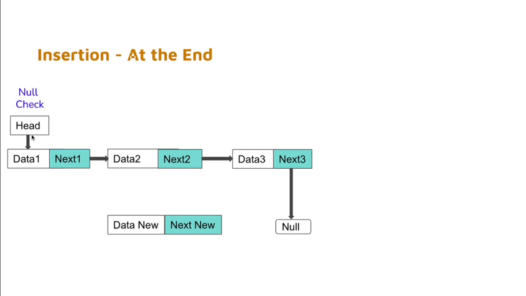In the current case, head is not null because we have three elements, and head is pointing to the first node. We perform this null check just to check whether there are any current nodes in the linked list. Once we check that, and we know the new node will point to null, we have already created one link. Then we need to create the second link, and to create it we have to find the last node.